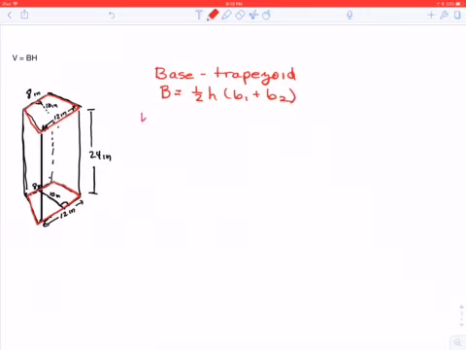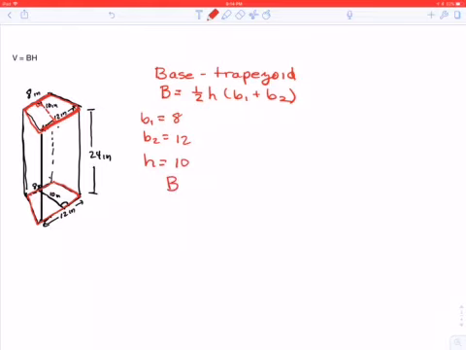So the B1 and B2 in the formula are the sides that are parallel. So it would be the 8 and the 12. The height for a trapezoid is the distance between the two parallel sides. And that height has to form right angles with the base. It does.